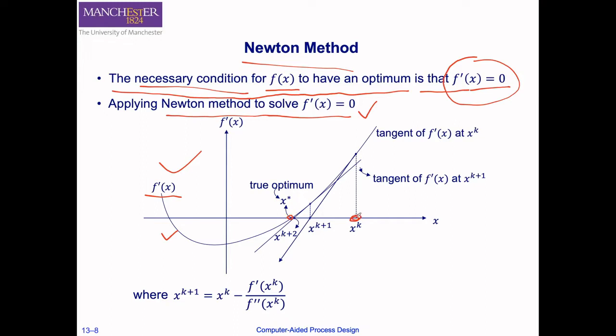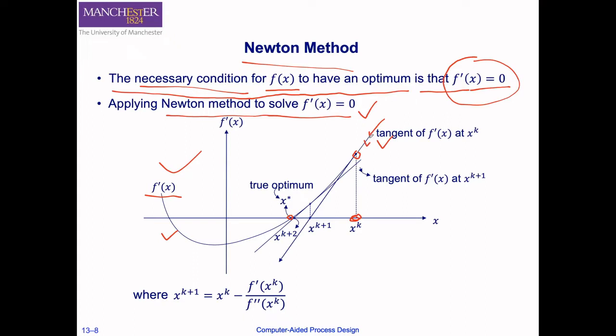At this initial point, we can draw a tangent line of the function f prime x. At this point, the function f prime x is approximated by this tangent line.